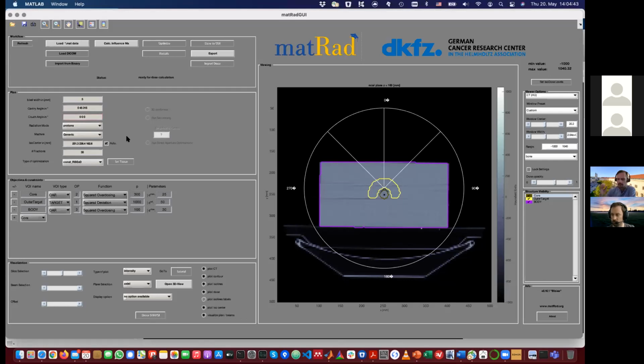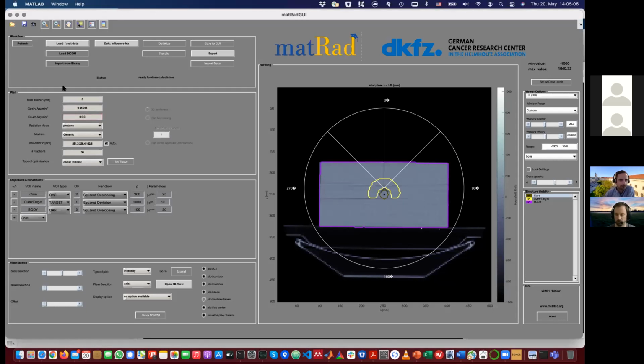And actually, before we start, you can treat the handout as a minimum requirement that you have to fulfill. Please feel free to add more objectives, more complex geometries, or certain beam configurations. This is totally up to you. What I've put in the handout or in the workflow document is the bare minimum.